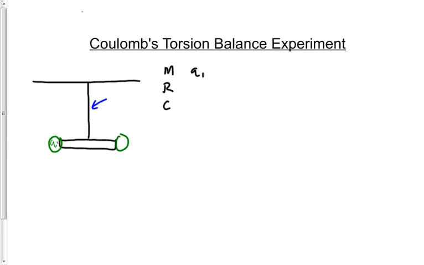He changes the value of charge 1. Okay, maybe it's Q, and then it becomes a half Q, and then it becomes a quarter Q, and an 8th Q, and a 16th Q, and so on. He doesn't know what it is in coulombs, but he knows what it is relative to what it started off as. The responding variable would be the force of attraction or repulsion. And again, he's able to measure both of these.